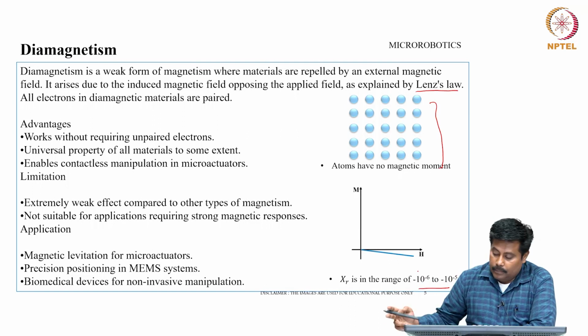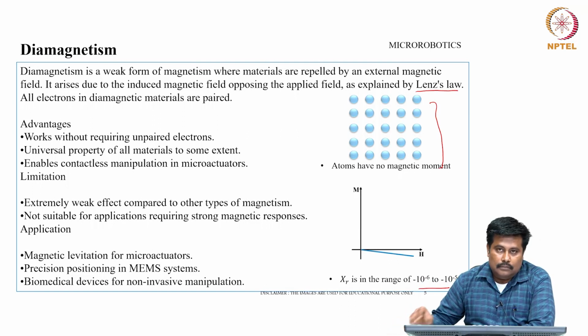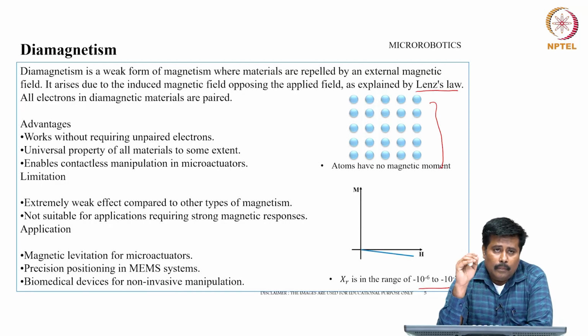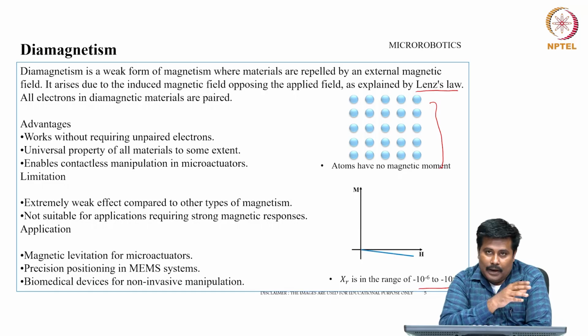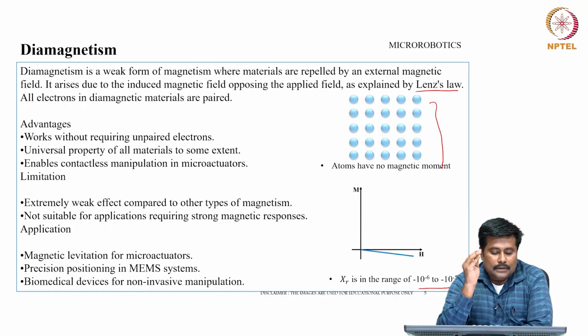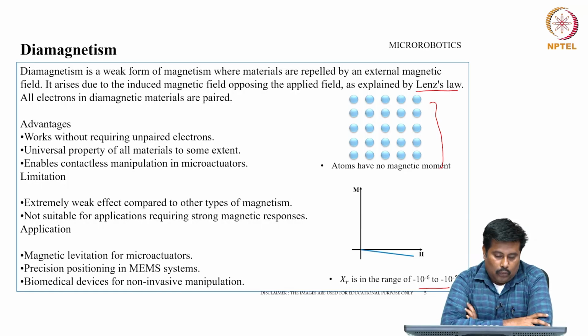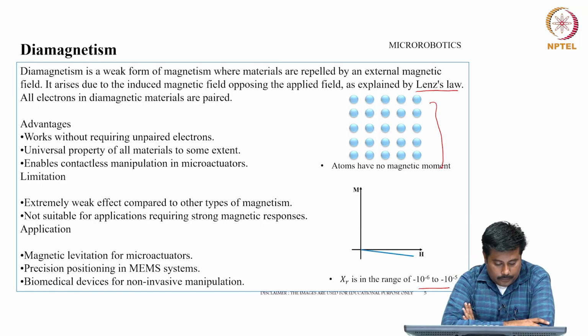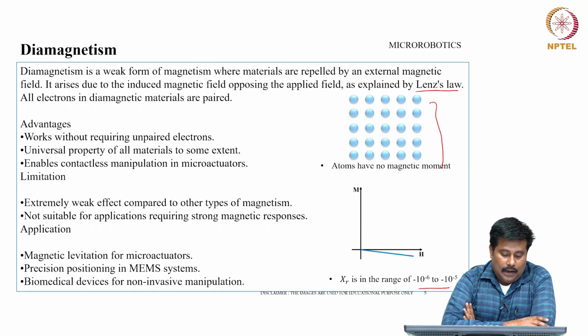The main advantage of using diamagnetism for a micro robotic application is that it works without requiring an unpaired electron, it is a universal property of all materials to a certain extent, and it enables contactless manipulation in the case of a micro actuator. However, as a limitation, the effect is extremely weak compared to other types of magnetism.